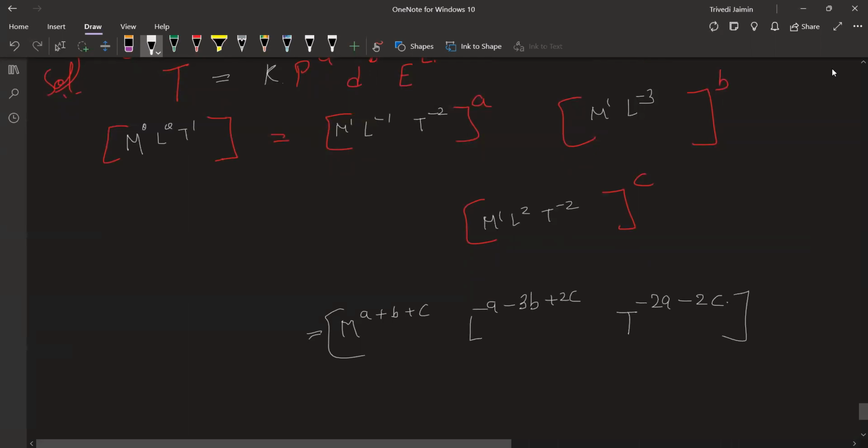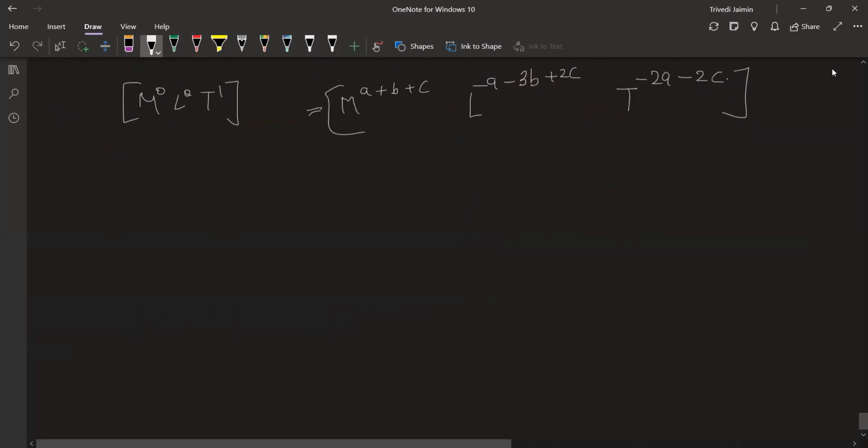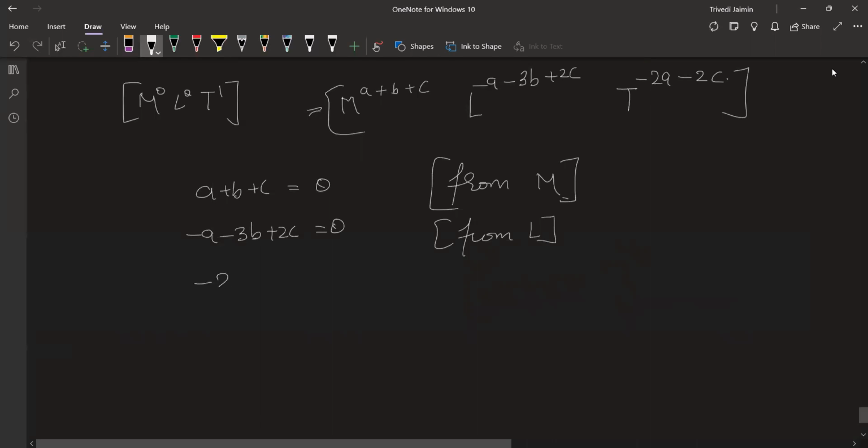Now what we will do here, we will equate this to the left side, M0, L0, T1. So let's equate M, L and T. A plus B plus C equals 0 from M. Don't write this in the exam, just for remembering. Minus A minus 3B plus 2C equals 0 from L. Minus 2A minus 2C equals 1 from T.